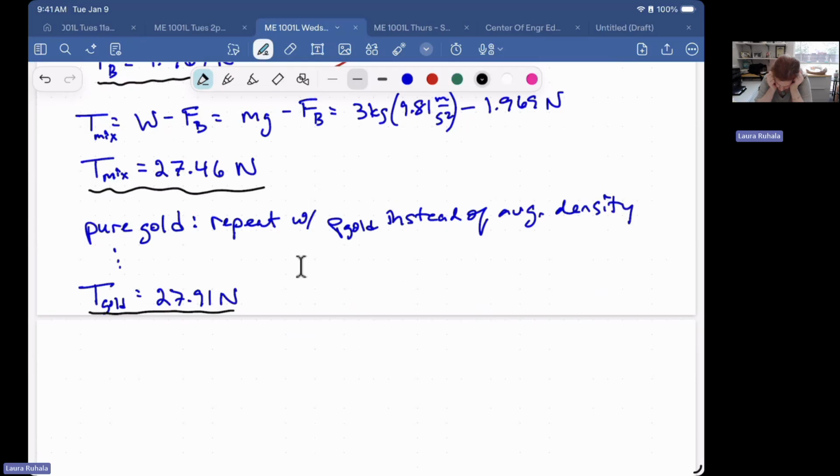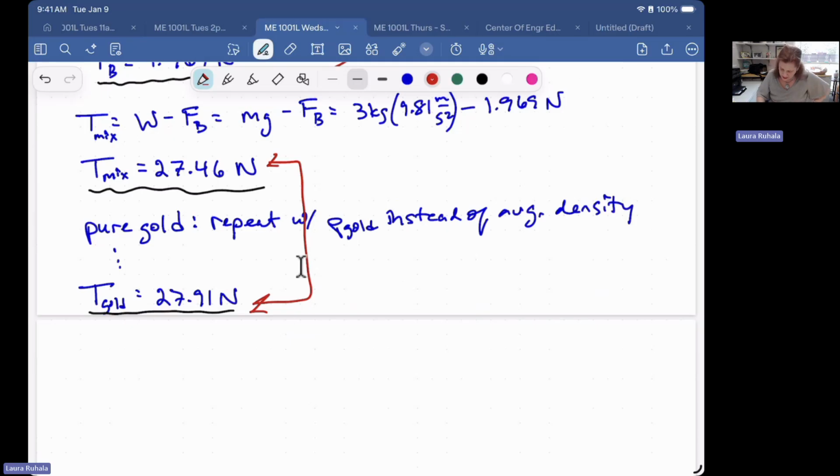So, trying to figure this out. If it was all gold, it would have more tension on the string than if it's the mix. Kind of the problem, though, is that it's a very small difference. Do you guys see the difference between these tensions? Yes, there is a difference.